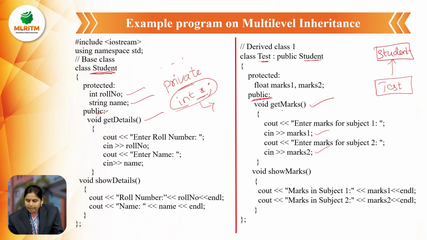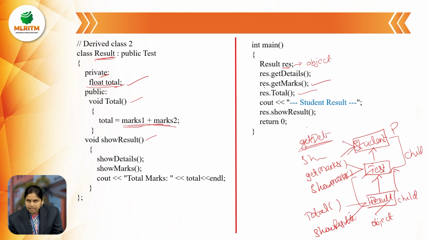We call this get marks method by using the object RES, which is an object for the result class. This result is derived from the test class, and the test class contains two variables, marks1 and marks2.